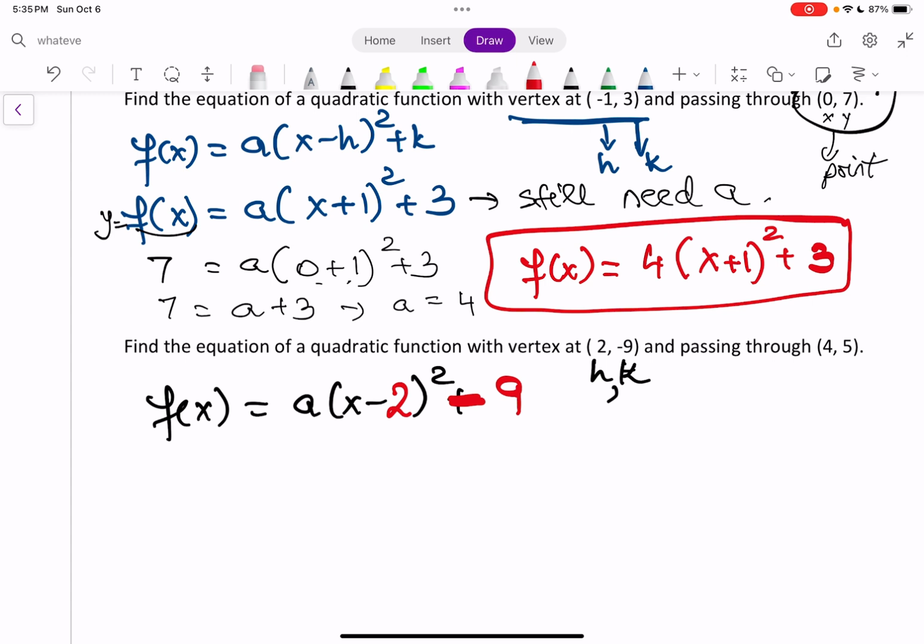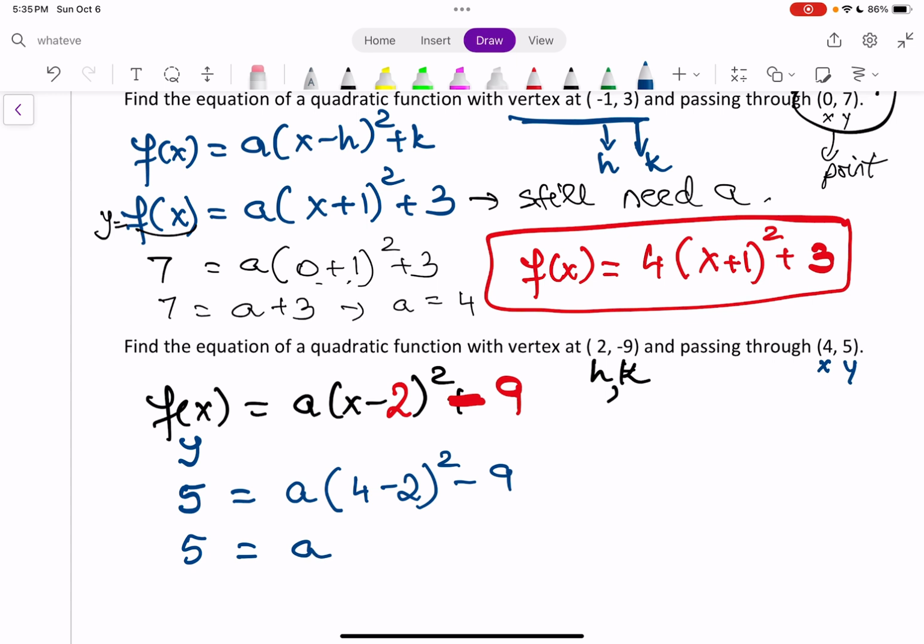Still need a. So to find a, what do I do? I plug in this x and this y into this function. F of x, remember, stands for y. So instead of y, I'm going to write 5. A is really what we're trying to find. 4 is x. 4 minus 2 is 2. 2 squared is a 4.